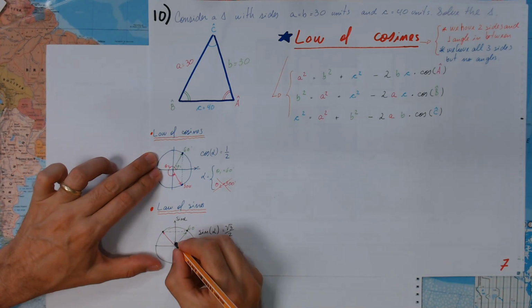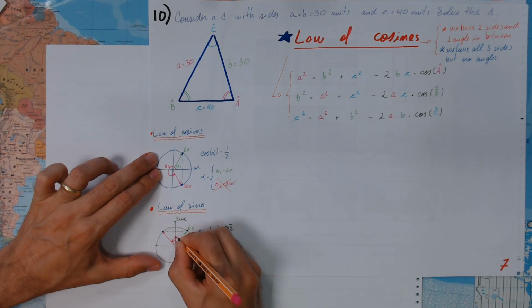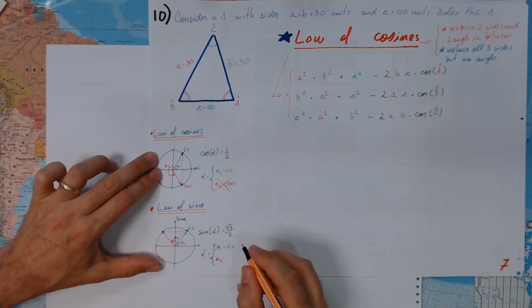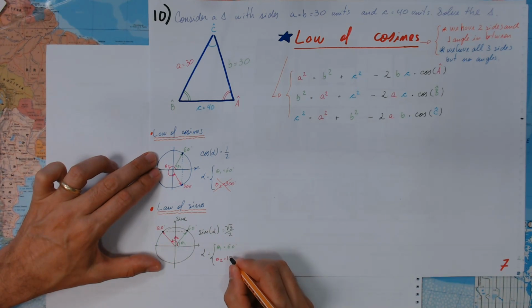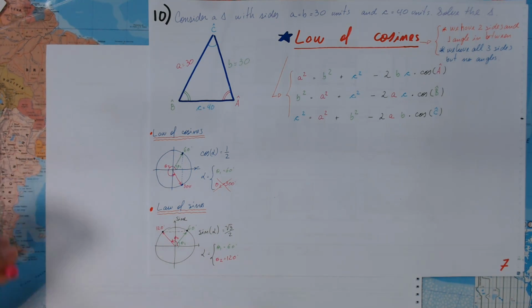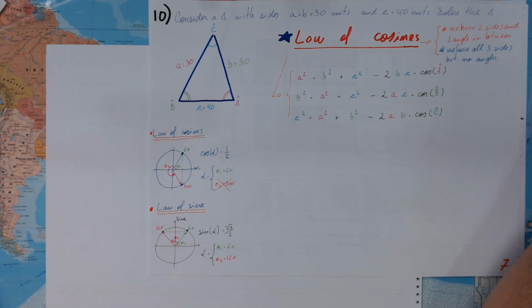This is going to be theta 2, and theta 2 is going to be the supplementary, 120 degrees. Now you see, we can have both of them inside a triangle, so both are good options.